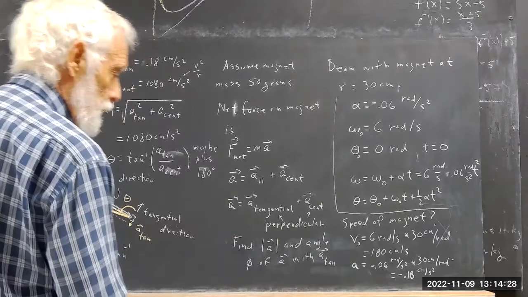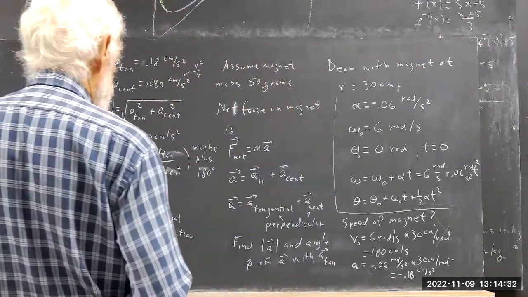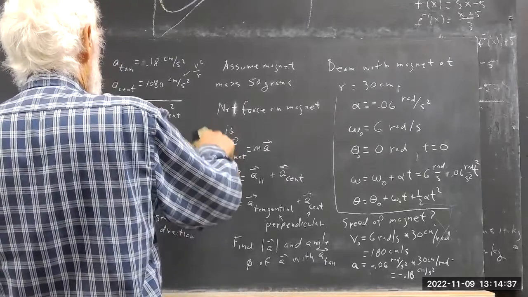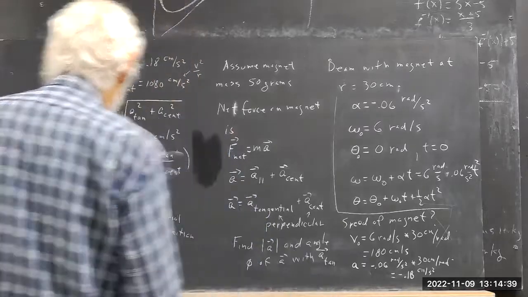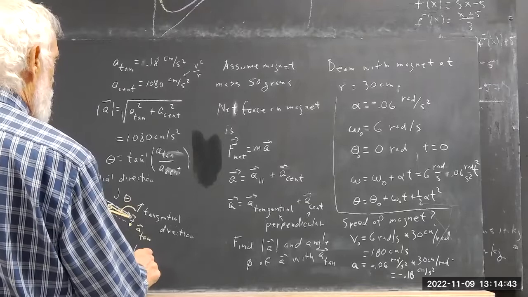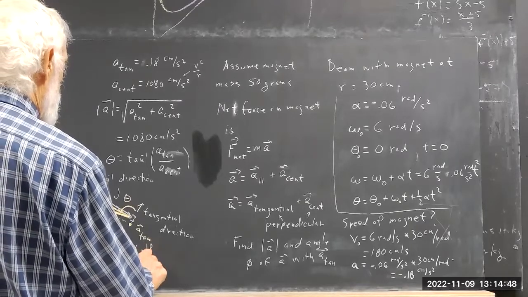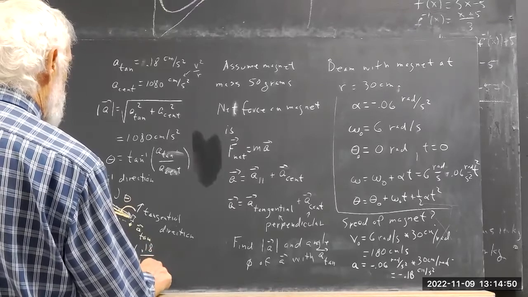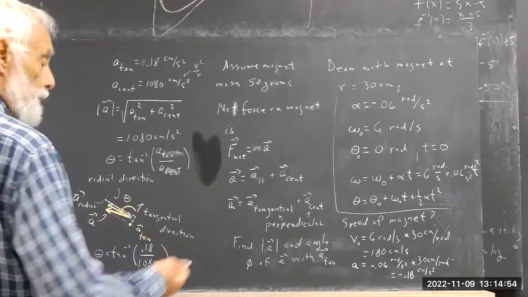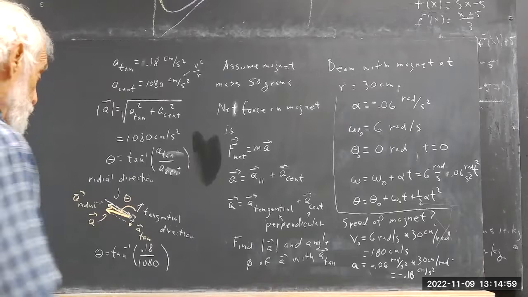Things get a little confused with the direction. I don't want to go into all the detail of that. Theta is going to be the inverse tangent of 0.18 over 1,080 centimeters per second squared over centimeters per second squared. So I'm just not going to write that out. Units clearly flying out.